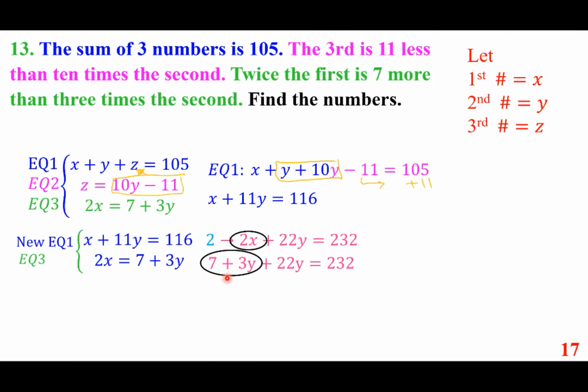And so what we have here adds up to 25y. Subtract the 7, we get 225. Divide by 25 and y becomes 9.